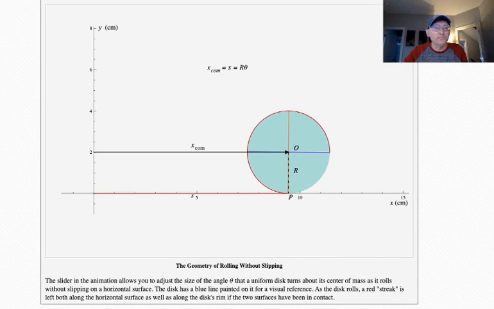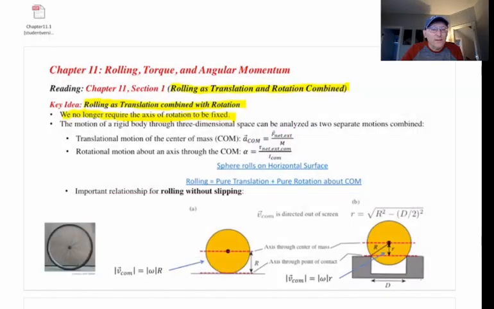But before I do, let me go back to my notes and let me point something out. What we're going to note is, first of all, I'm going to highlight it down here so you can see it.